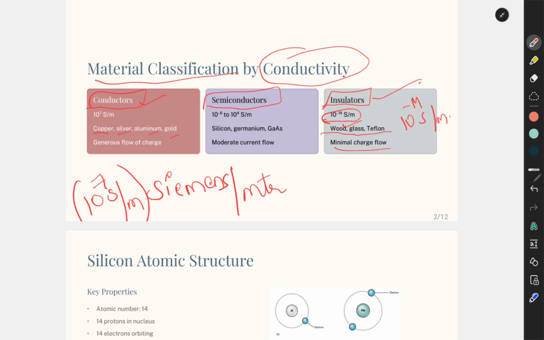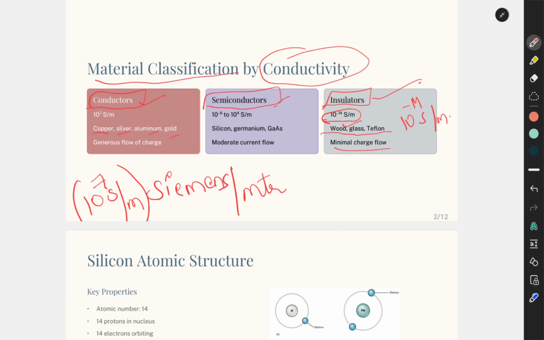Now, in the case of semiconductors, the conductivity is between the conductors and insulators. Whenever voltage is applied to a semiconductor, it allows a moderate amount of current.